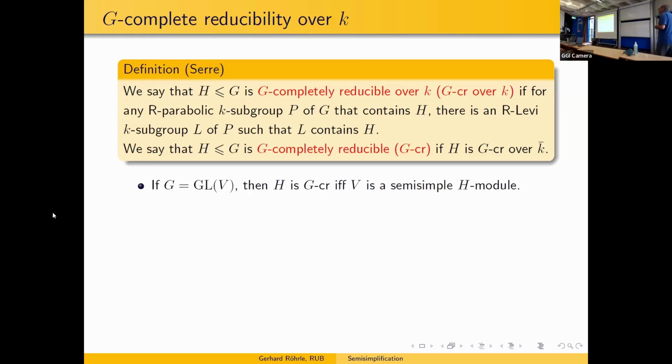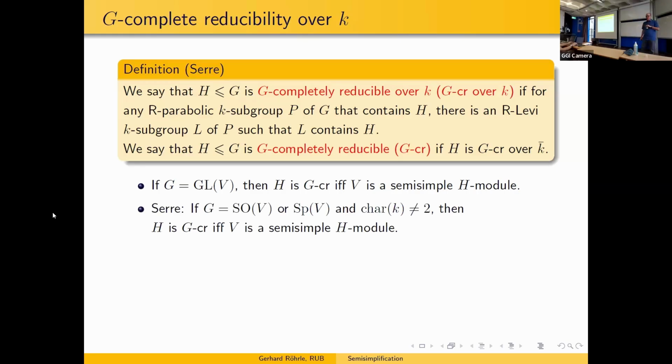Okay, so once again, what does GCR over GL_n or GL(V) mean? It's precisely that this module V for H is semisimple. That's where this comes from, and this is why this is a good term. It really does what it says on the tin. And it's even better if you stay away from characteristic 2. The same thing is true for classical groups. In SO or Sp, this module V is semisimple as an H-module if and only if H is G-completely reducible.